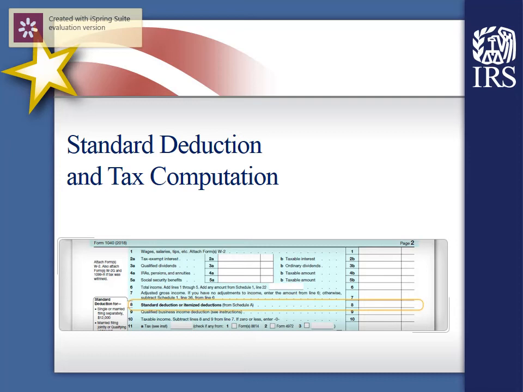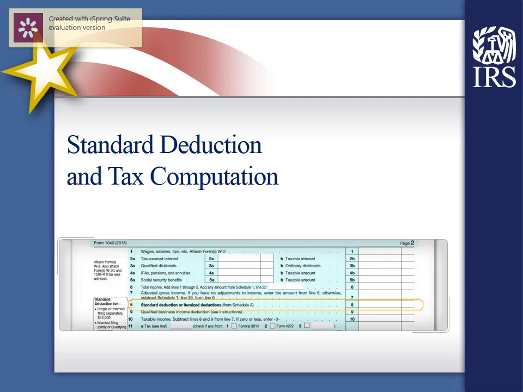So now, we went through the list of itemized deductions that are allowed, and I mentioned at the beginning of the video that we had two different options. The first option was to itemize deductions as we discussed, but the second option was to take the standard deduction, which is a set amount that is allowed a taxpayer every year. Now, in 2018, the standard deduction that's allowed for an individual taxpayer is $12,000.